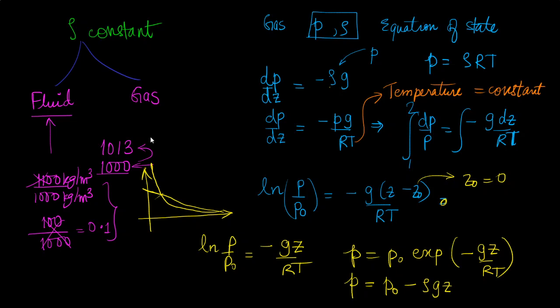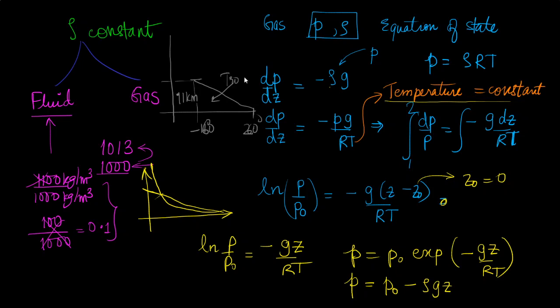And the assignment will also contain a problem in which the temperature will not be a constant. We all know that the temperature actually varies over the surface of the earth from say 20 degrees Celsius to, not minus 11, minus 60 degrees Celsius over a range of 11 kilometers. So inside our troposphere, this altitude of 11 kilometers is like the troposphere. Then it remains constant for a while, after which it increases slightly.